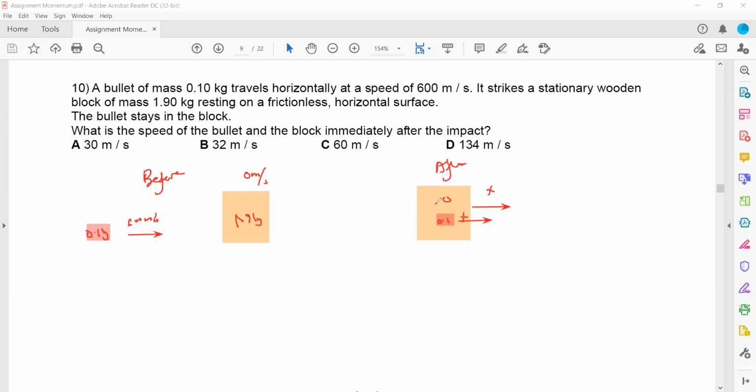Both are moving together after. So by conservation of momentum, the sum of the momentum before is equal to the sum of momentum after.